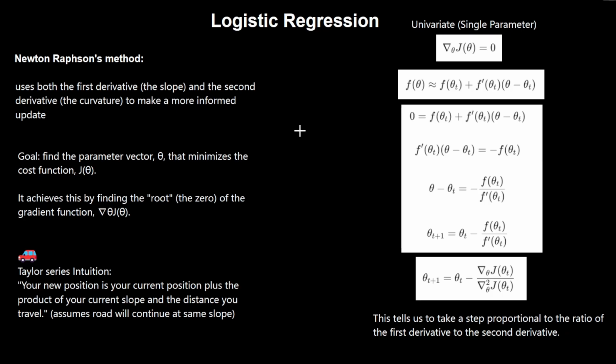Now let's talk about another method called the Newton-Raphson method, which is also used for optimization. Unlike gradient descent, where we use only the information about the slope and take small steps towards the global minima to get the optimal solution, in the Newton-Raphson method we use the information of both the slope and the curvature, that is the first derivative and the second derivative, so that we get information about the whole curve.